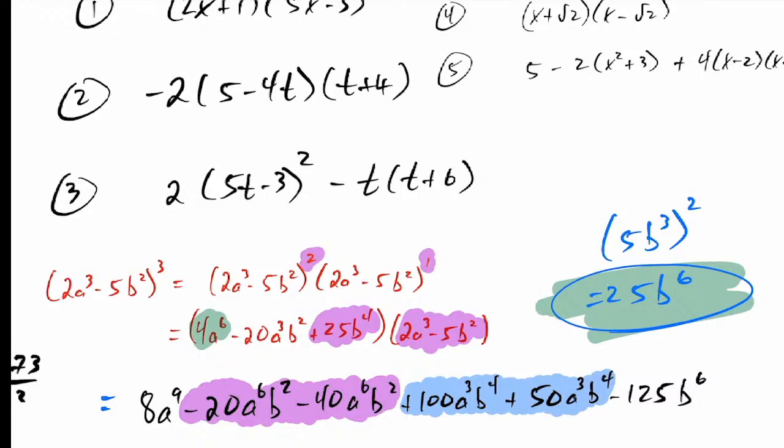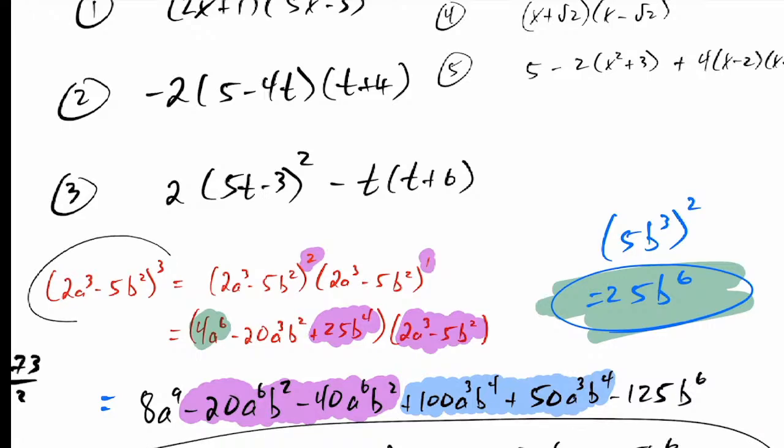Minus 60a to the 6th b squared, plus 150a cubed b to the 4, minus 125b to the power of 6. And that's the answer for this one here. Not a pretty question there.